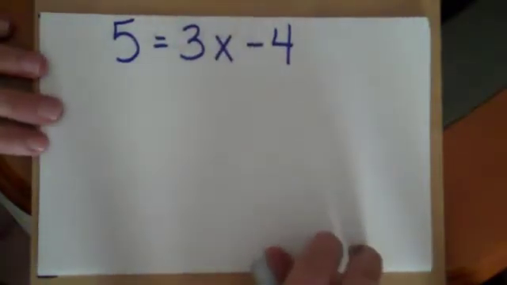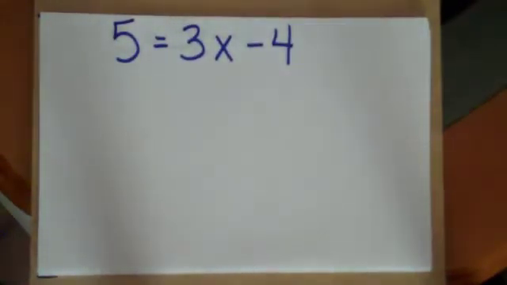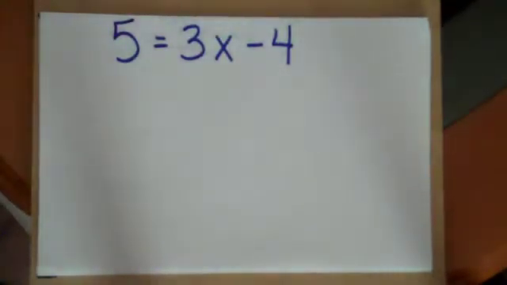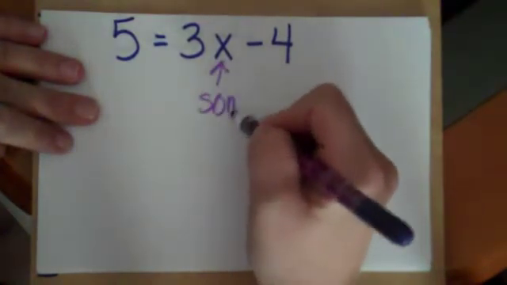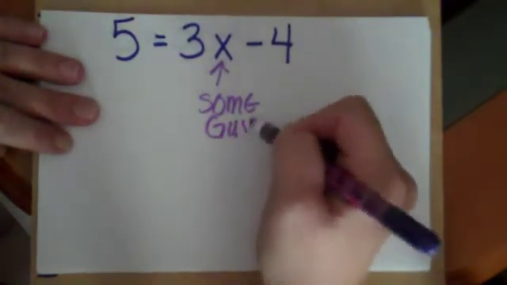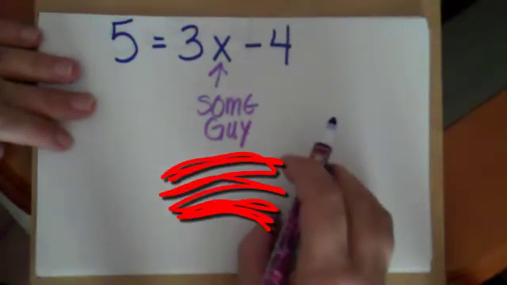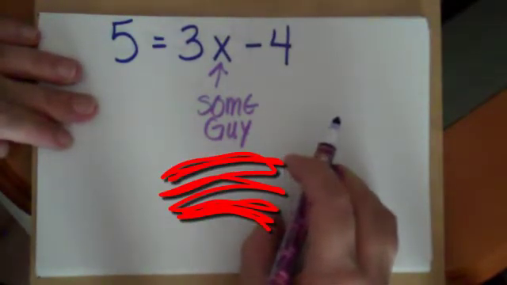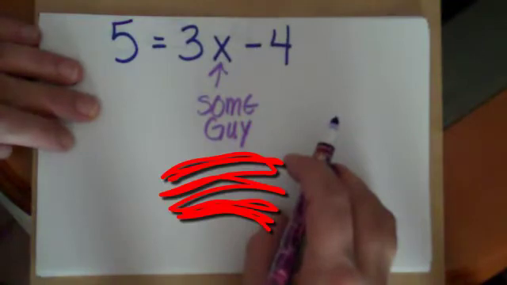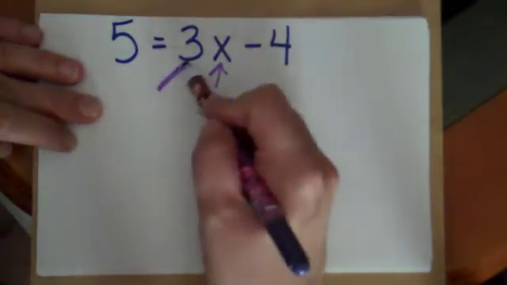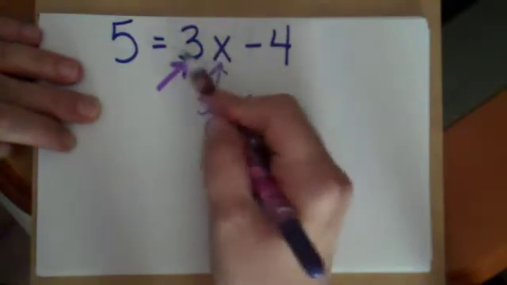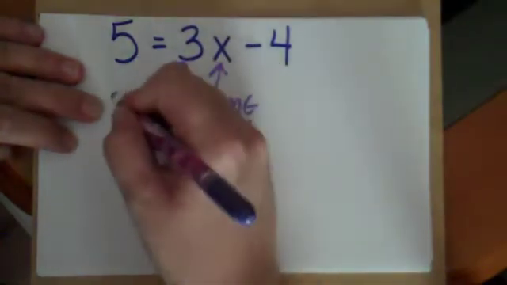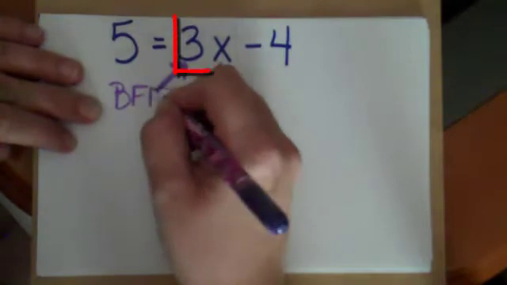Now, the way I explain this is think of x as being a guy throwing a party. So X is some guy. Everybody has friends, and they have different levels of friends. The guys right beside him, the coefficient that's multiplied times the variable, are his BFFs.